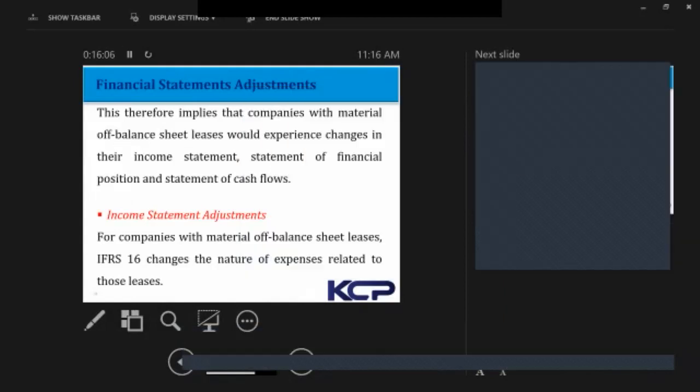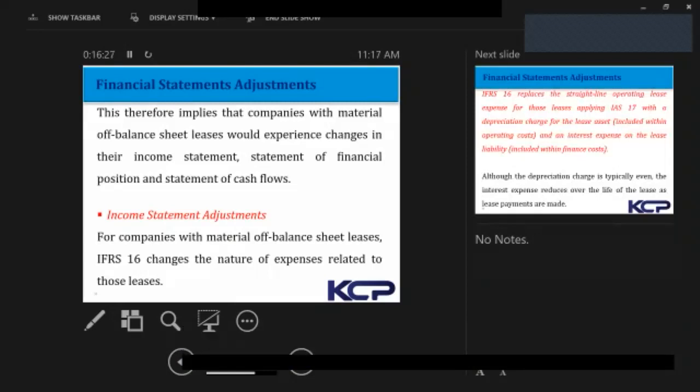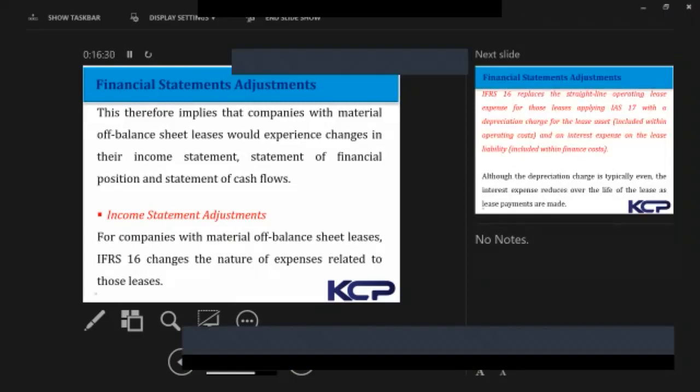Oh, I'm getting feedback that the screen is blurred. Okay, let me make little adjustments. Confirm to me as soon as it's fine. Just say aye when it's fine. Can you see my screen now?